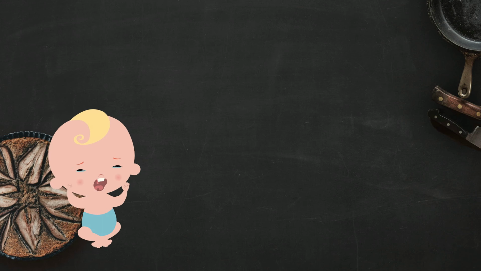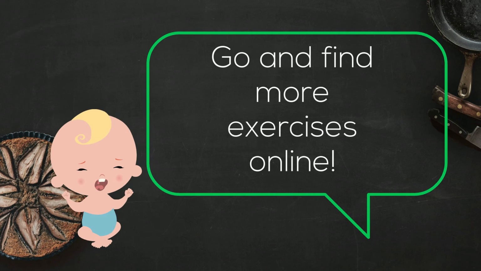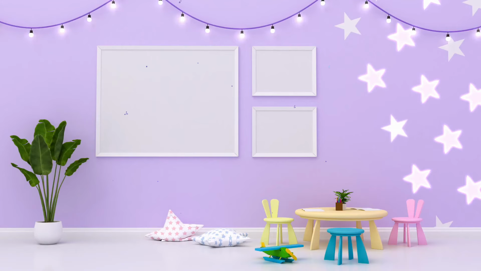I know 4 questions are not nearly enough, right? But that is all the time we have for today's lesson. But hey, you can go and check out some more exercises online. Alright, boys and girls, before we wrap up our lesson for today, just to refresh our mind, remember that who is for the subject of a sentence and whom is for the object of a sentence.